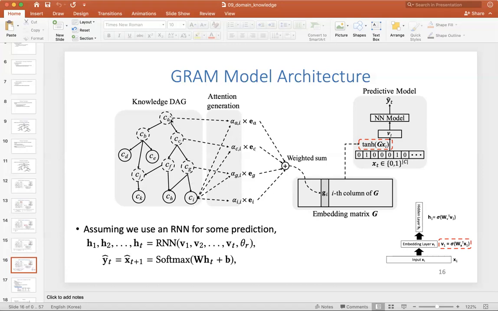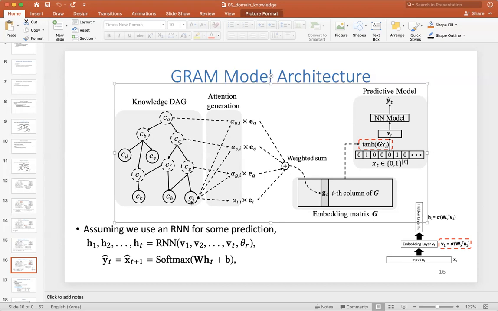There's a chain here, there's a chain here, there's also a chain here. So you can imagine that EC would be trained more frequently compared to CG, and CG would be trained more frequently compared to CI. Is that clear? I hope that's clear.